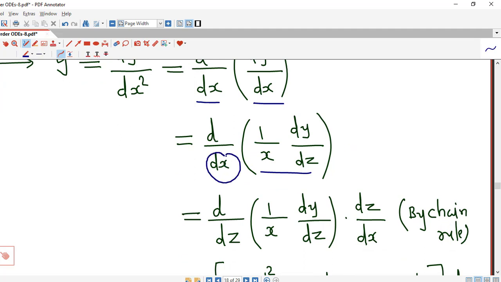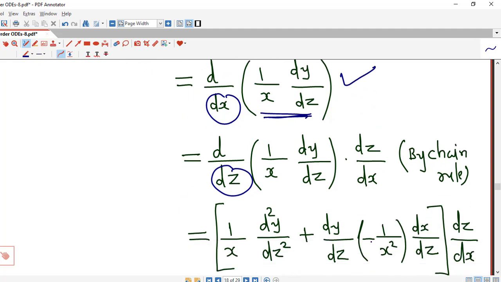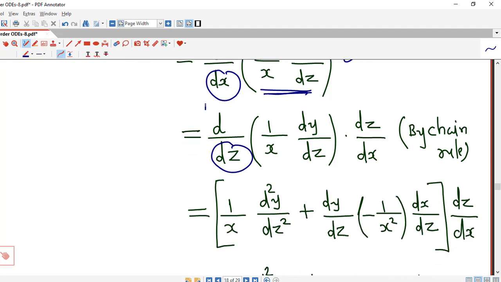Here the derivative is with respect to x, so we rewrite this by using chain rule as the derivative of this with respect to z into derivative of z with respect to x. Now for this part we apply the product rule for derivatives, and we keep dz by dx as it is. So here the derivative is with respect to z.